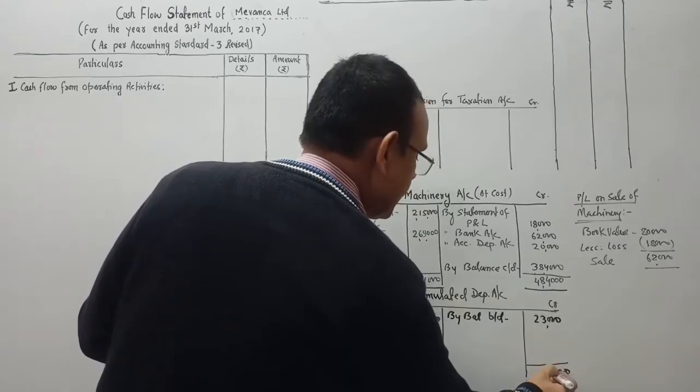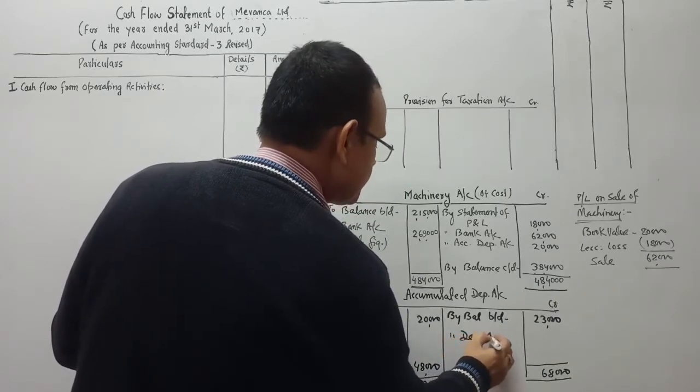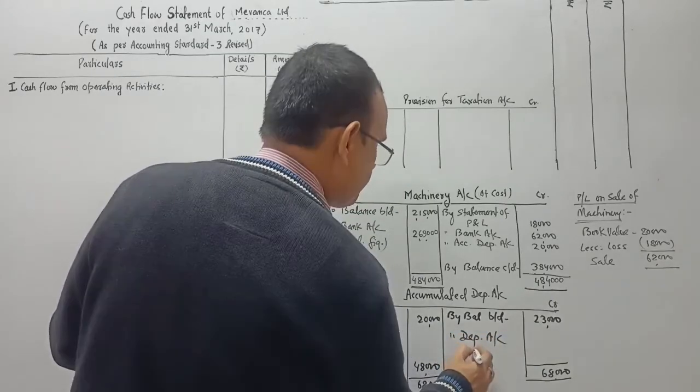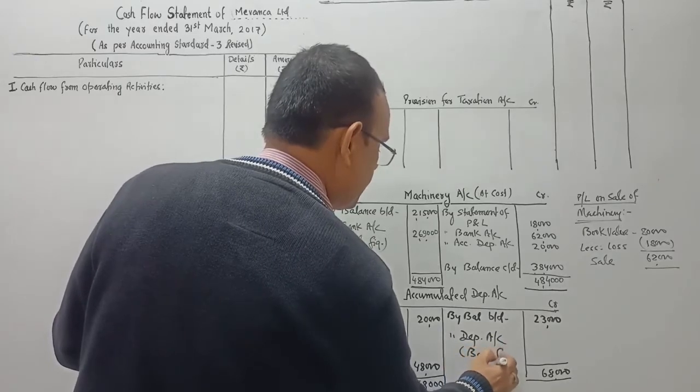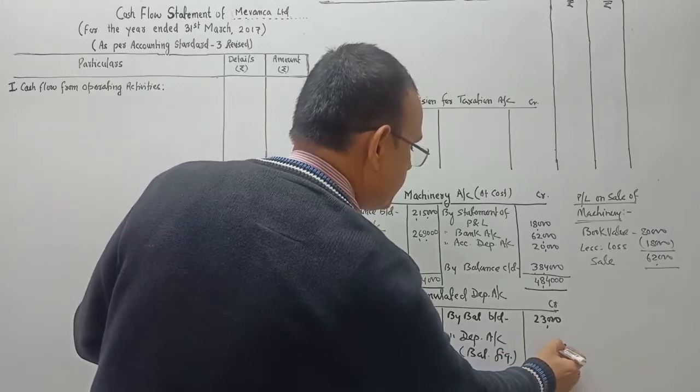Difference amount indicated by depreciation account, this is the balancing figure. This will indicate the depreciation charged during the year.